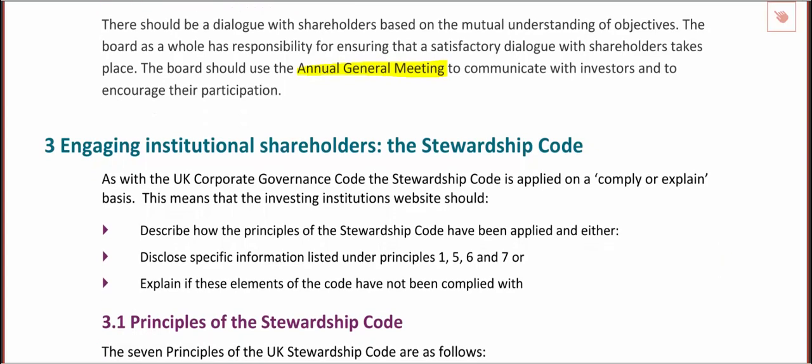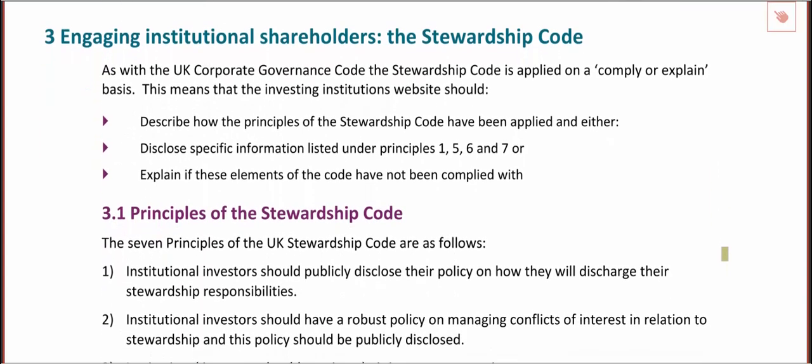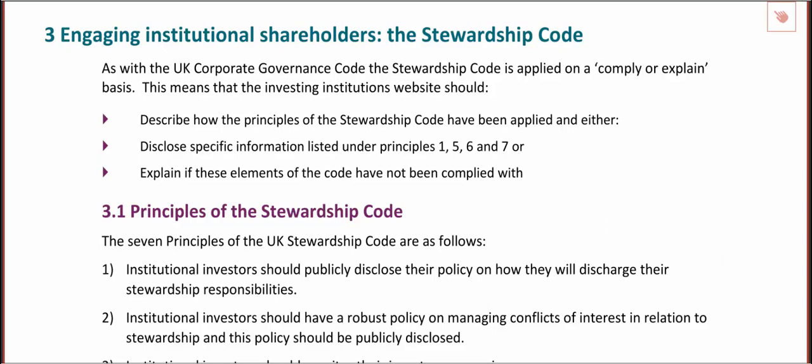Okay, brilliant. Right. Let's have a think about something similar, but from a different angle. So the UK Corporate Governance Code is all about how we direct and control a business.